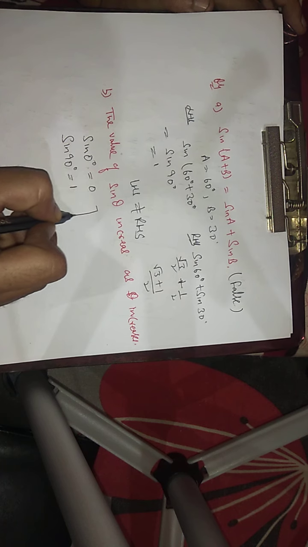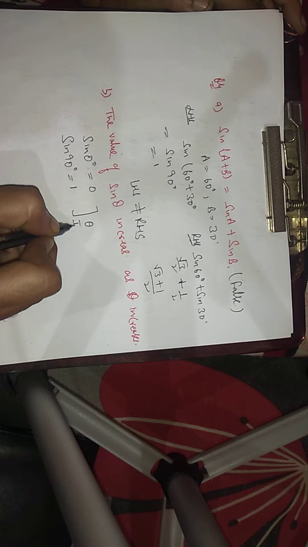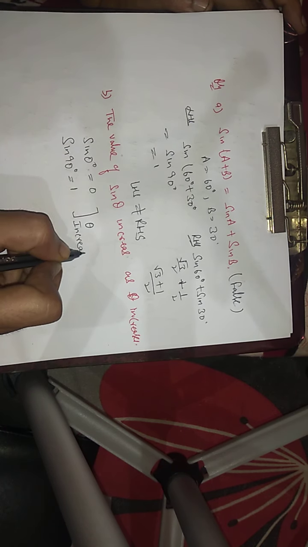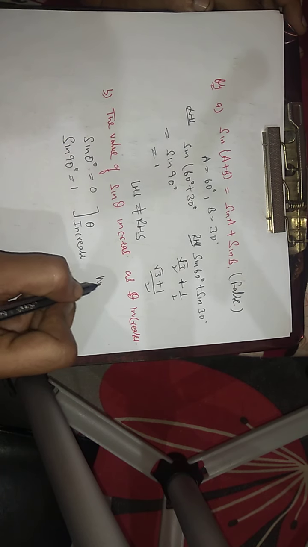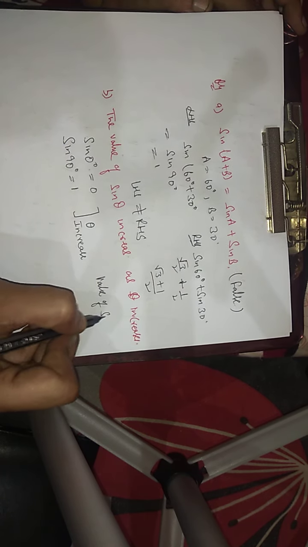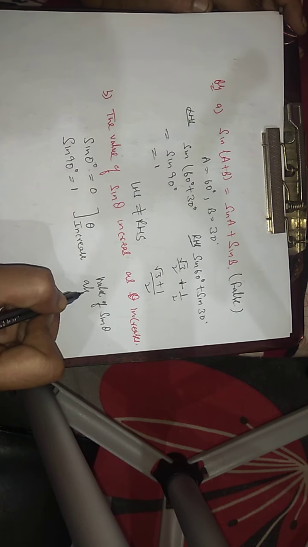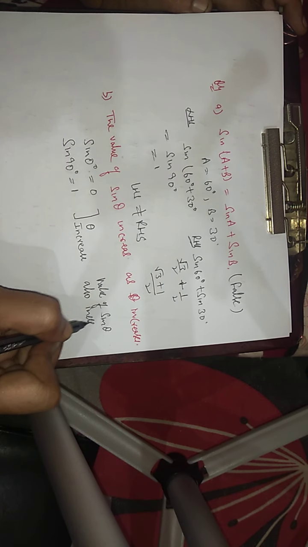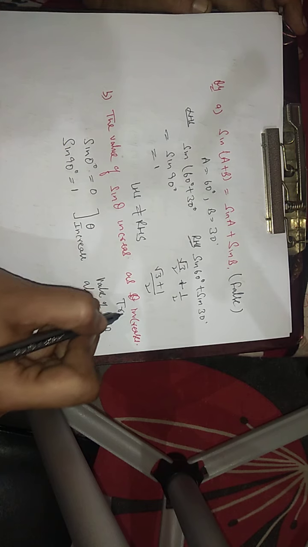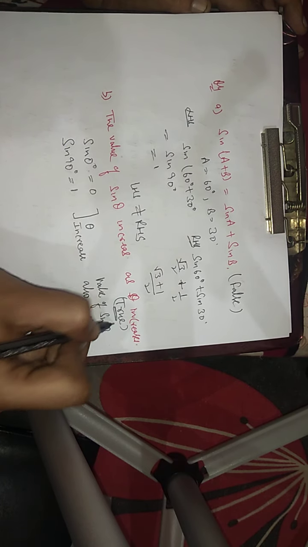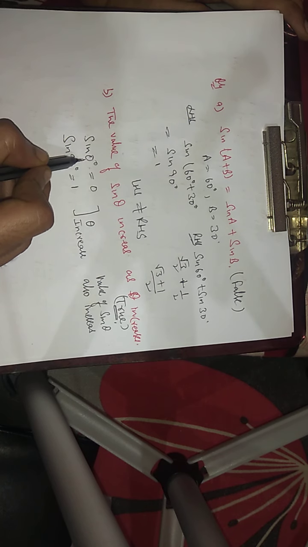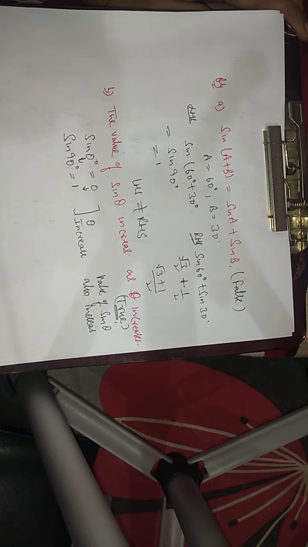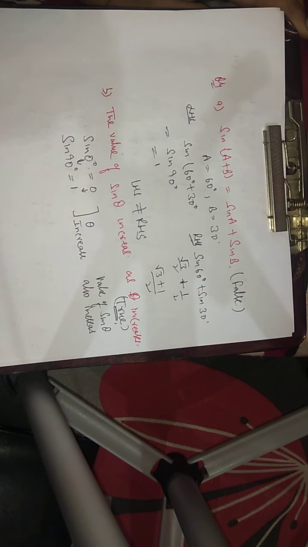So as theta increases, the magnitude of the values also increases. Value of sin theta also increases. So it's true. It is a true statement. Because we know as it is increasing from 0 to 90, the value is also increasing from 0 to 1. So this statement is true.